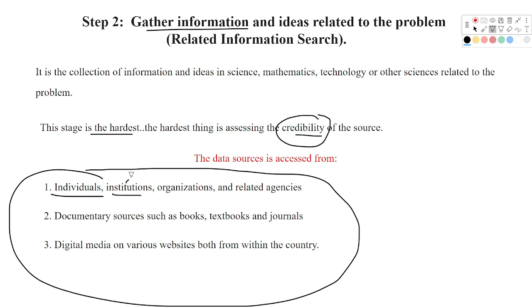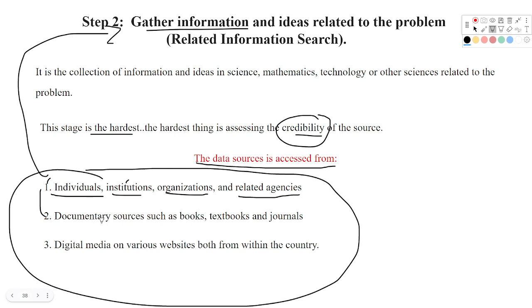Institution means schools and universities, organizations within the community, or any other related agencies. So this is just step one on how to access information. Let me just put it here: step one on gathering information. Where do you get this information from? Individuals, institutions, organizations, or related agencies.